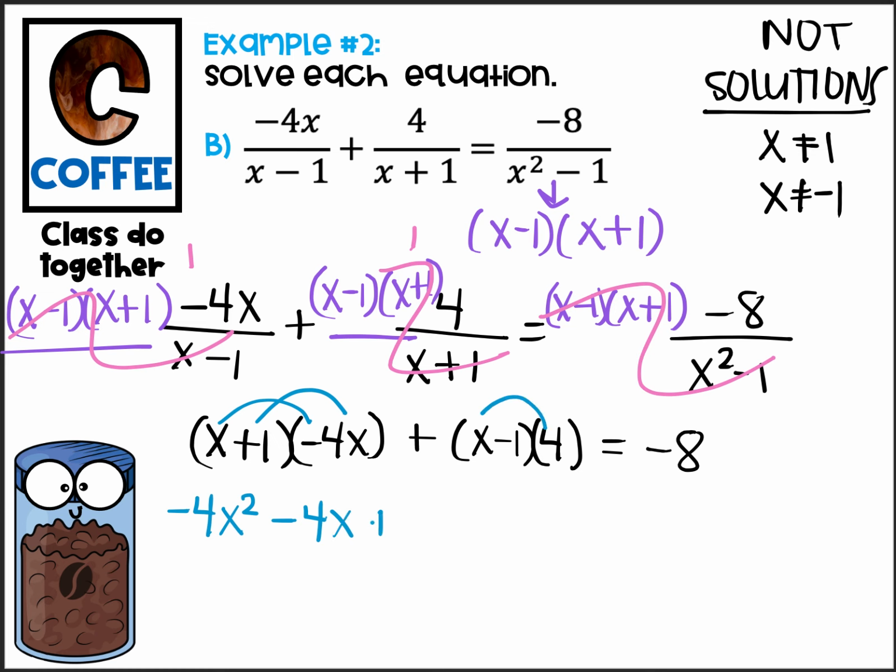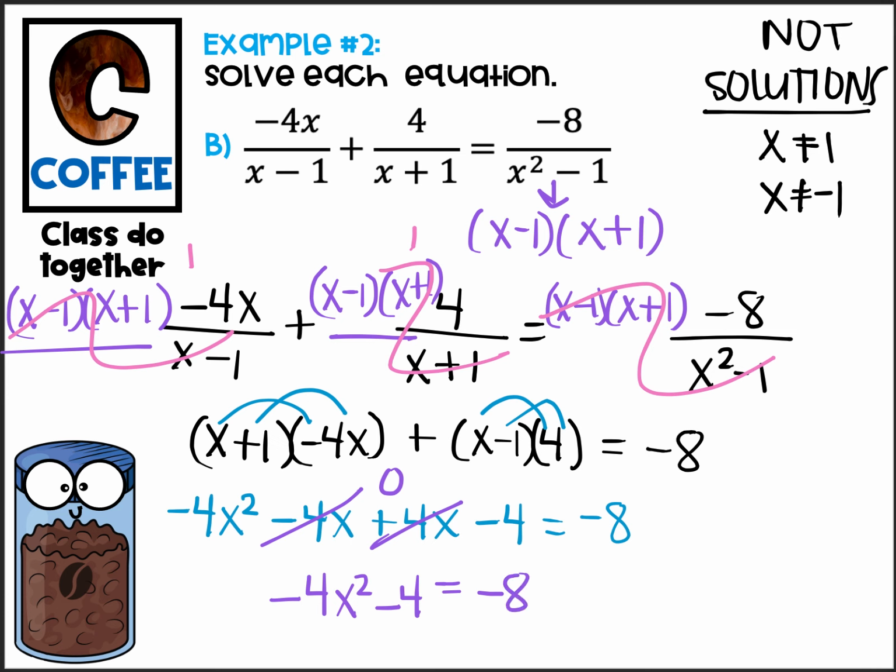X times 4 is 4x. Negative 1 times 4 is negative 4 equals negative 8. Negative 4x and 4x go away because it's 0, and I end up with negative 4x squared minus 4 equals negative 8. I'm going to add 8 on both sides of my equation.